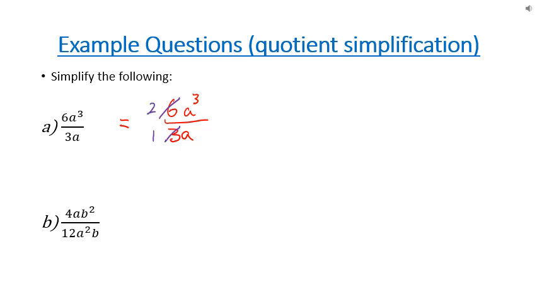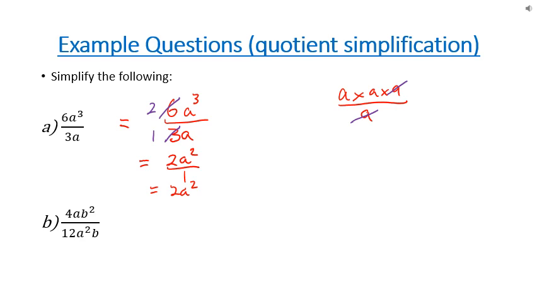And then we can also cancel off a to the power of 3, because remember that a to the power of 3 is a times a times a. If this is all over a, we can simply cancel 1 off the bottom and 1 off the top. And what that does is that leaves us with 2a squared all over 1, okay, which actually just equals 2a squared.